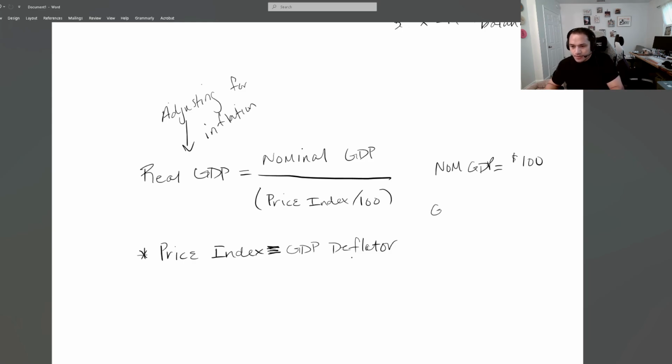And your GDP deflator is 89. You get a GDP deflator of 89.